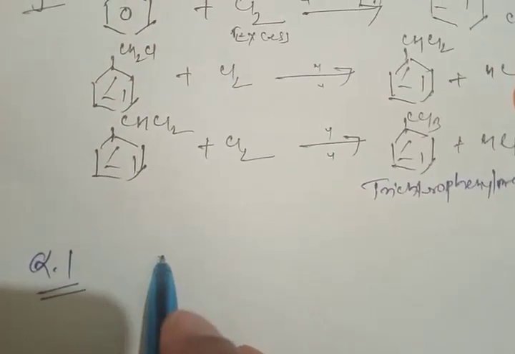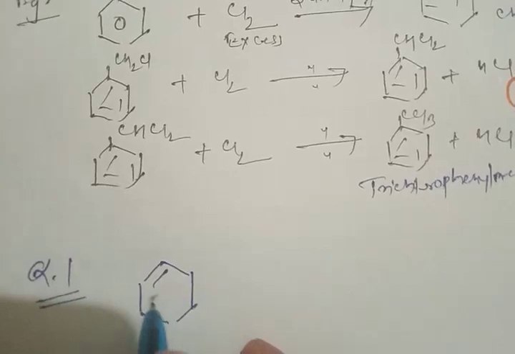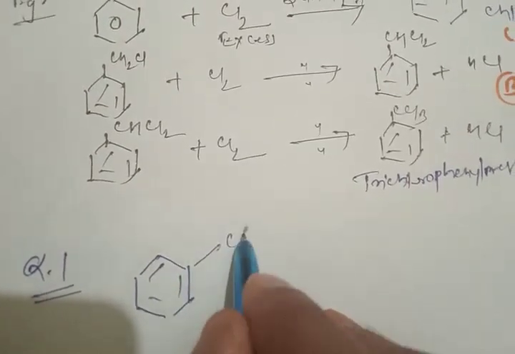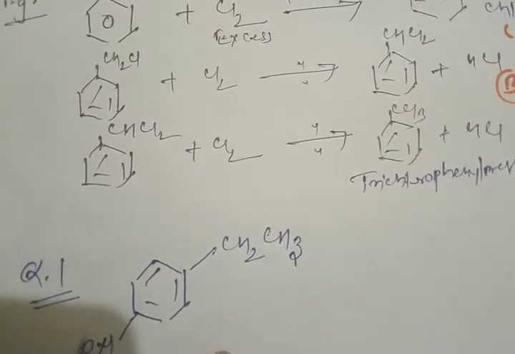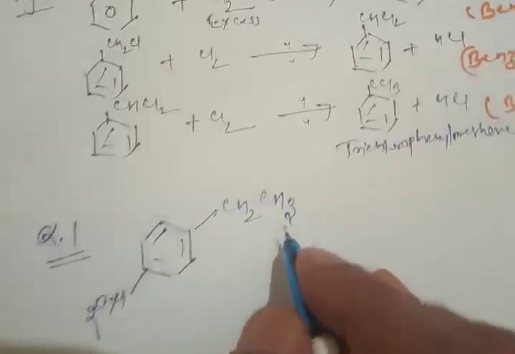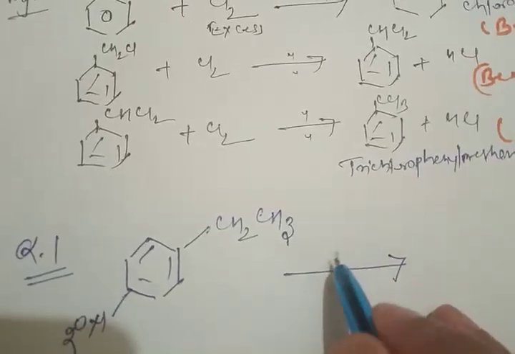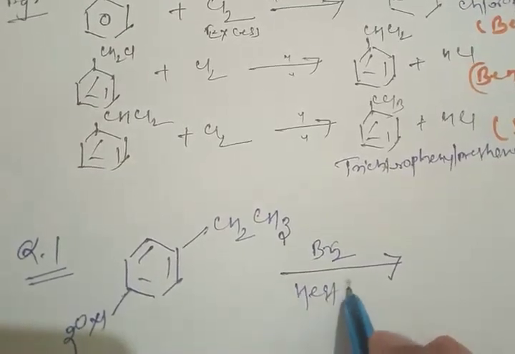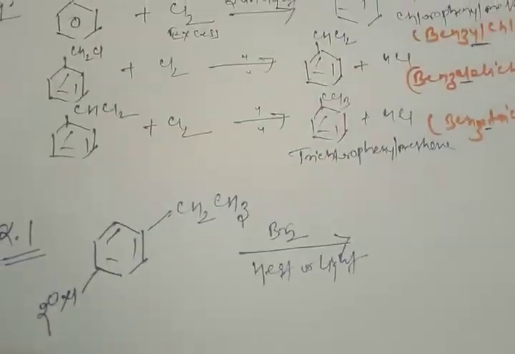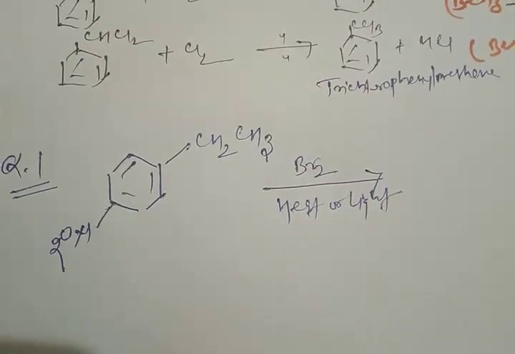The reaction is: this is the substituent CH2CH3, and this is the substituent NO2, and in presence of bromination with heat or light. So what is the product? This is the first question for you.